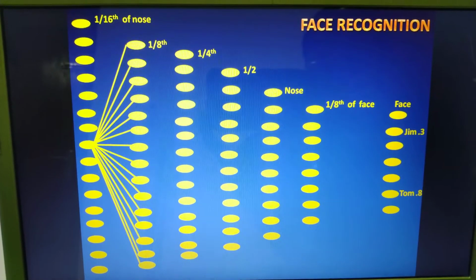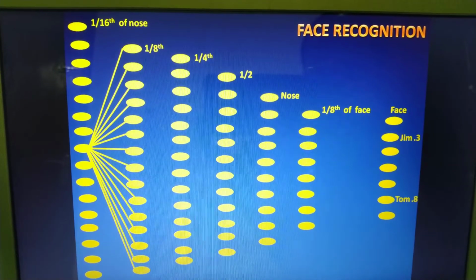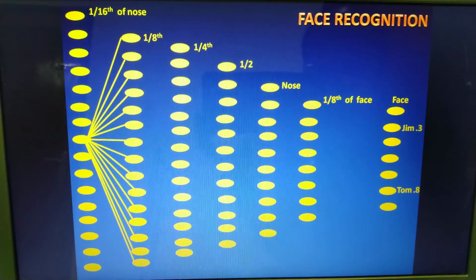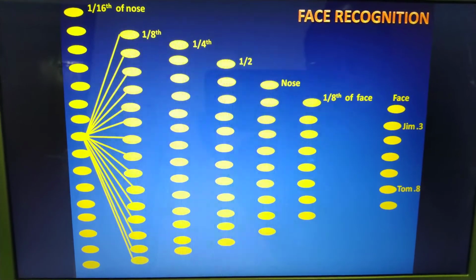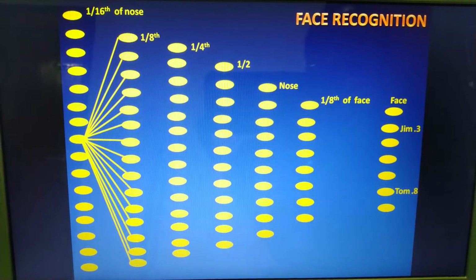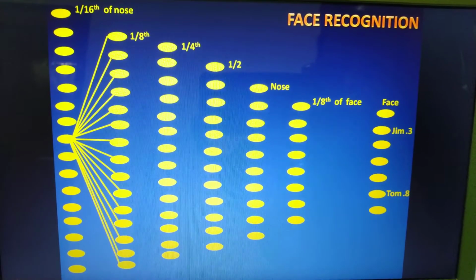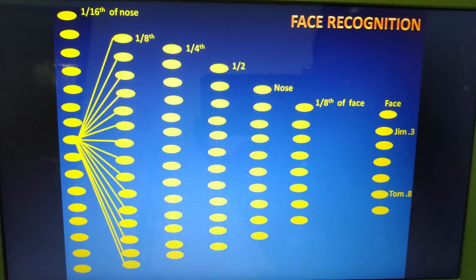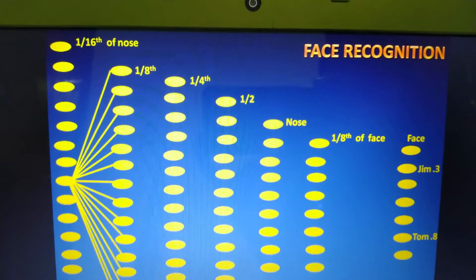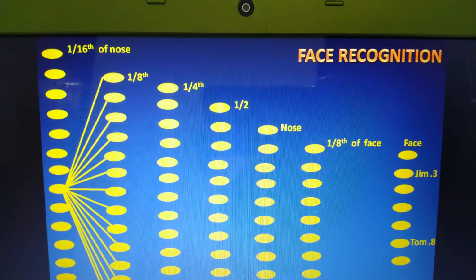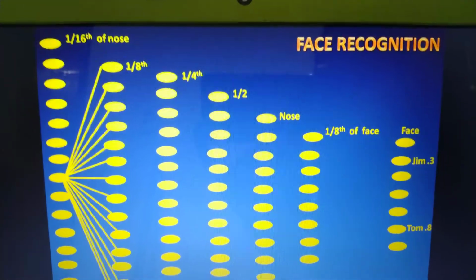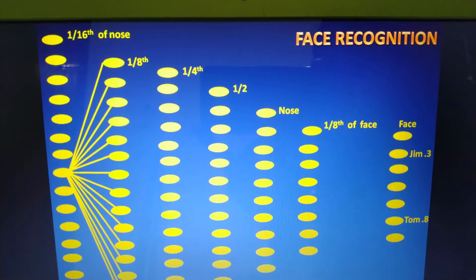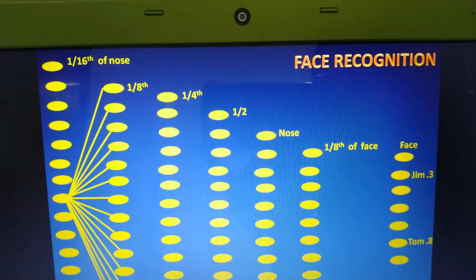So that means you need 16 neurons, or 16 nodes, to complete the nose. The second set compiles 1/8, that is, it compiles the output of two of the neurons in the first row, and now it has a compiled score or a compiled image.